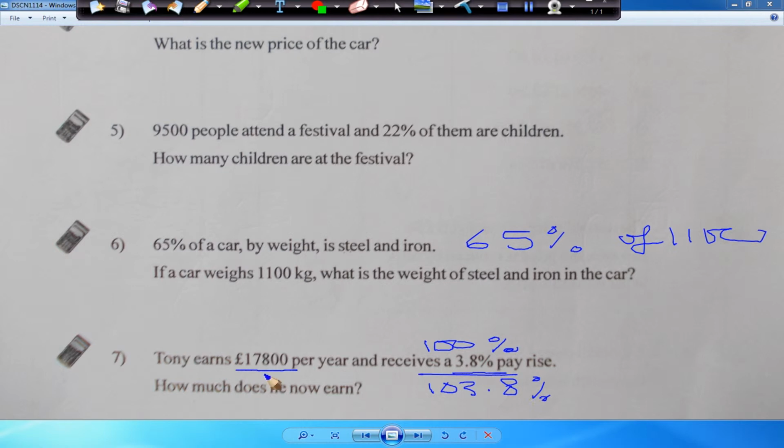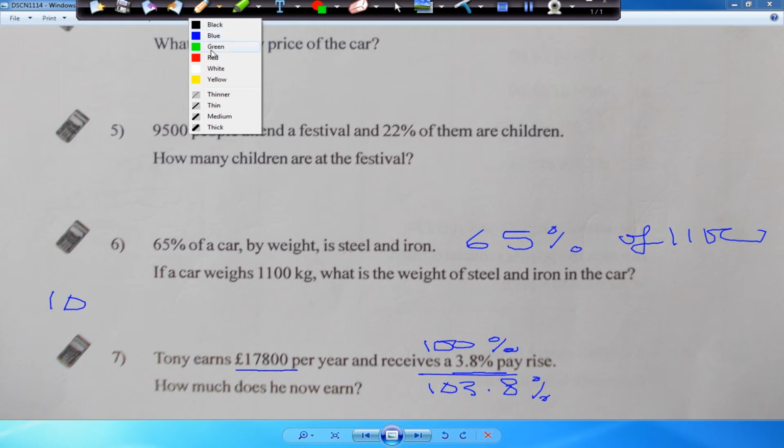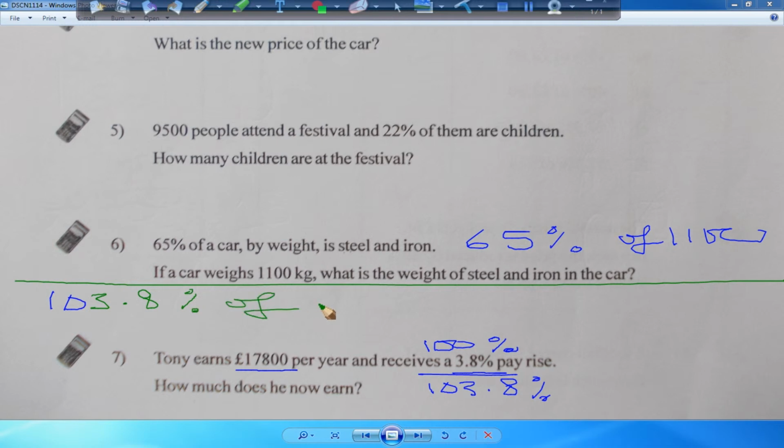Now we've got to work out 103.8% of 17,800.